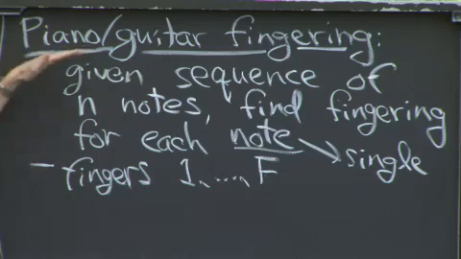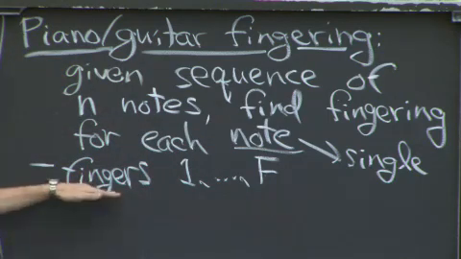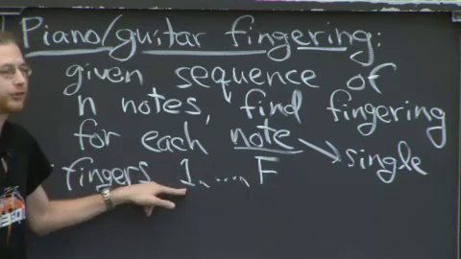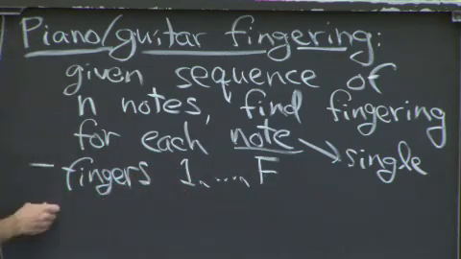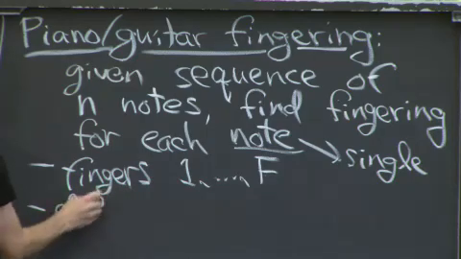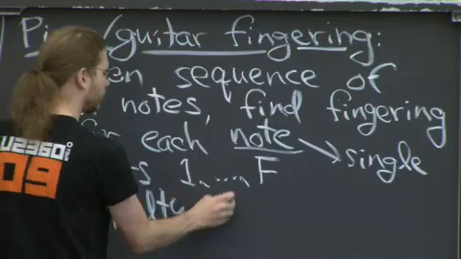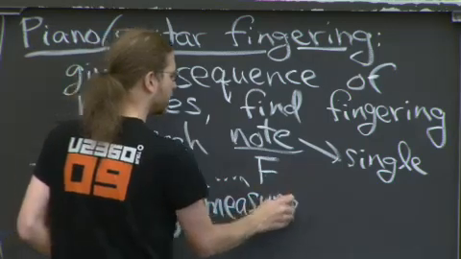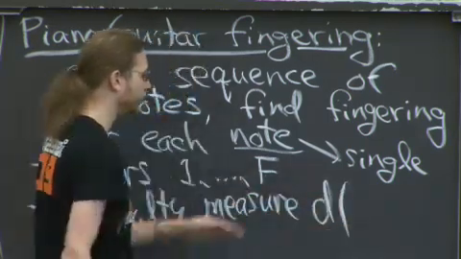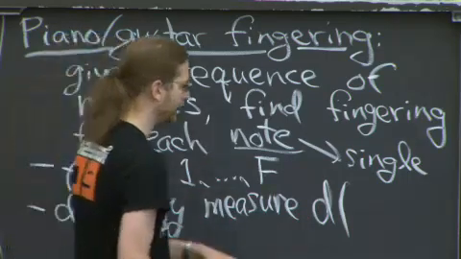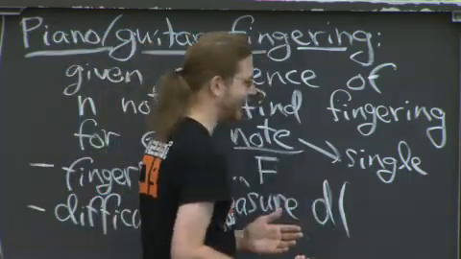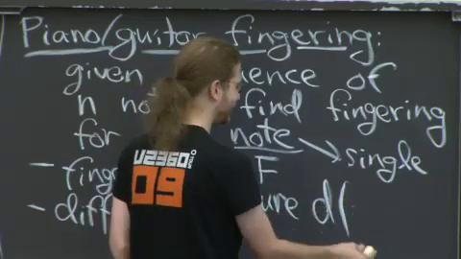Or you can think of guitar, single note, left hand is playing things. You want to assign one of these fingers to each note, and then you have a difficulty measure, D. And this you need to think about for a while musically or anatomically how to define.